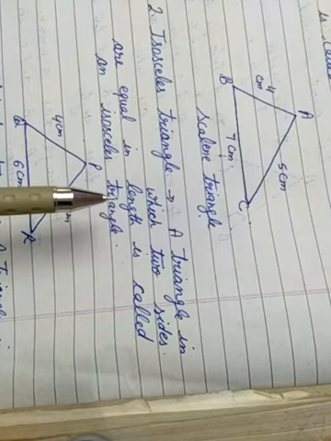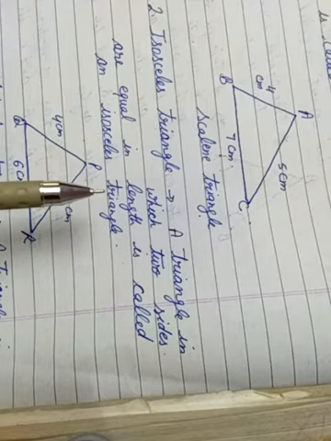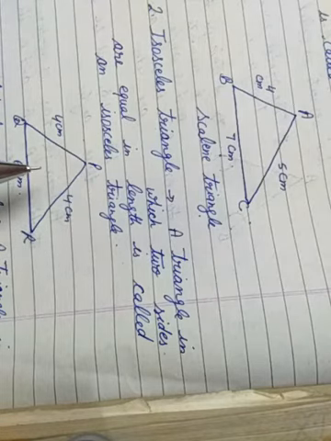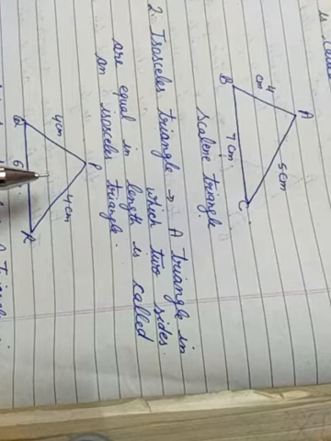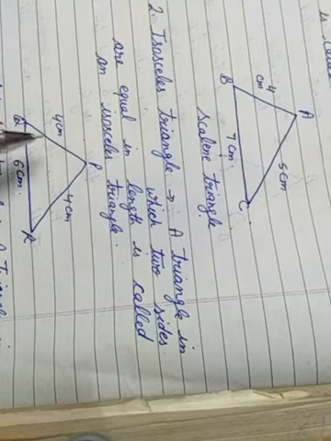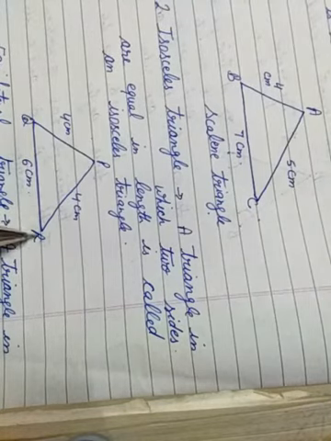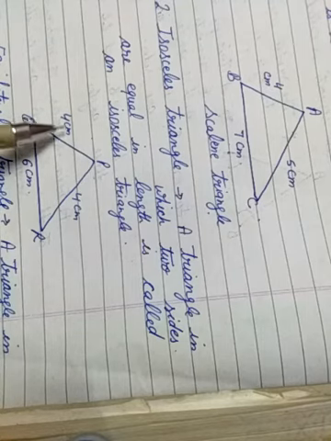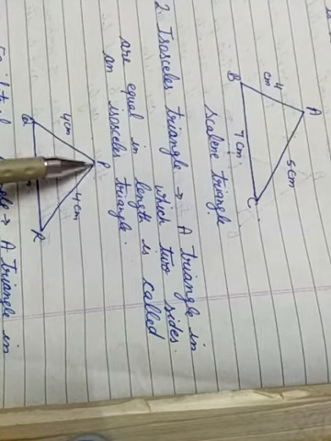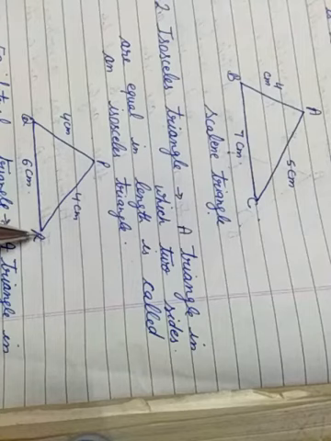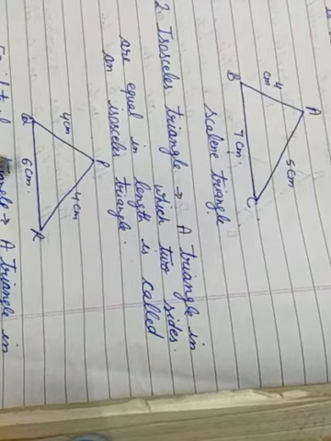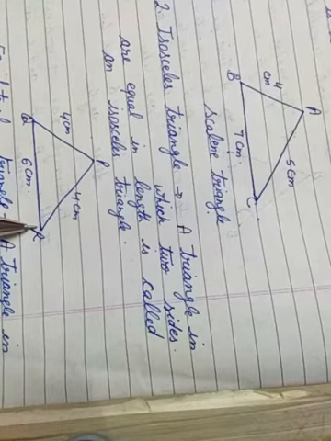If 2 sides are equal in measure in a triangle, then the name of the triangle is isosceles triangle. Now it is a triangle PQR. In PQR, PQ is equal to 4 centimeter, PR is equal to 4 centimeter, but QR is different in measure.